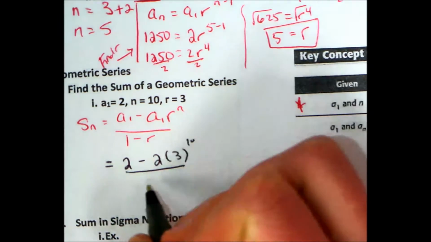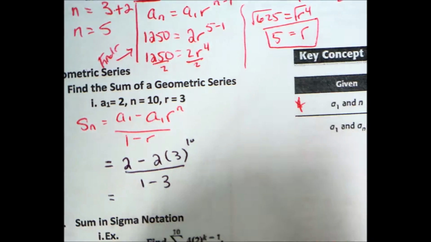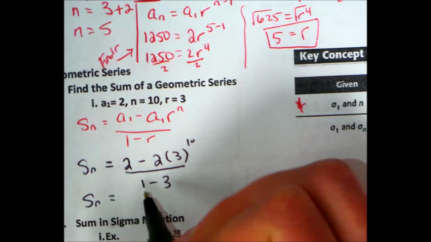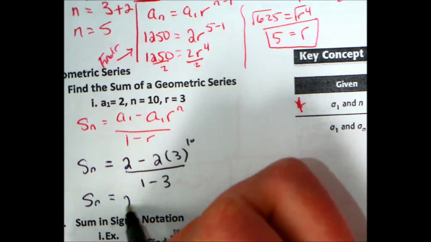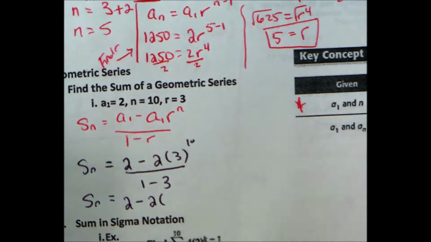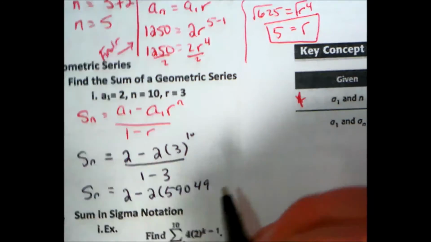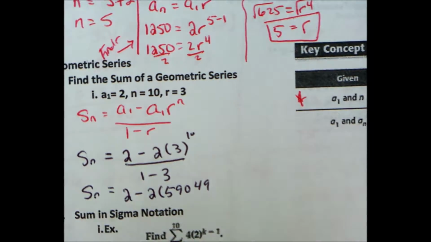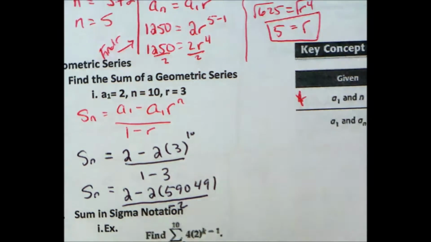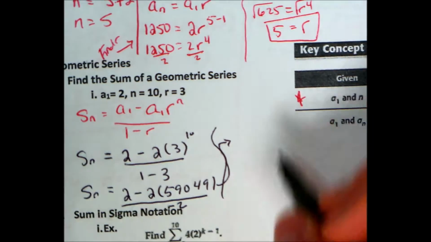Now we're going to do a little bit of simplifying here. 3 to the 10th is 59,049, and that is all being divided by -2. Now I'm going to do this multiplication between the 2 and the 59,049.